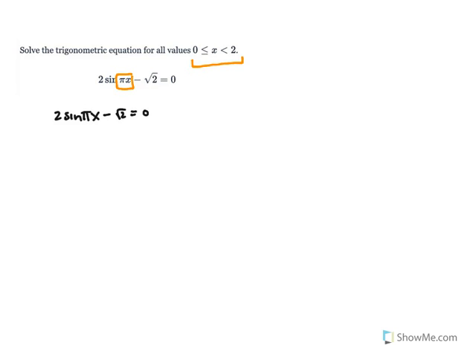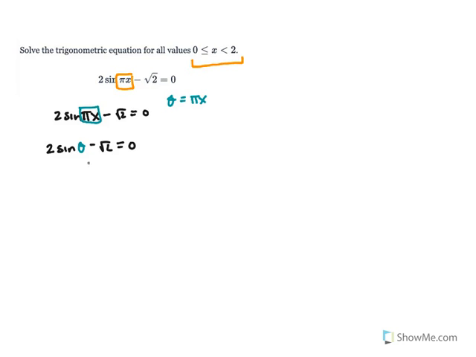And what I can do in this equation is solve, again, with this concept of theta, right? I can take this part of the expression and have theta equal pi times x, and I can rewrite my equation to say 2 times sine of theta minus the square root of 2 equals 0.